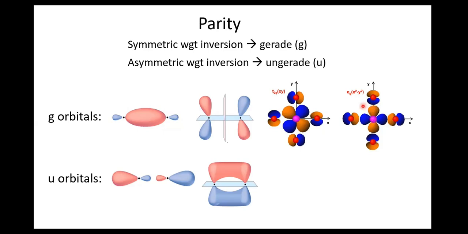So this should be a dx squared minus y squared, with the lobes pointing to the orbitals of the oxygen. So we see this is a head-on interaction, and this is symmetric with regard to the inversion center. So this is actually the eg orbital. Those are common g symmetry orbitals that we can meet in some of the common systems.